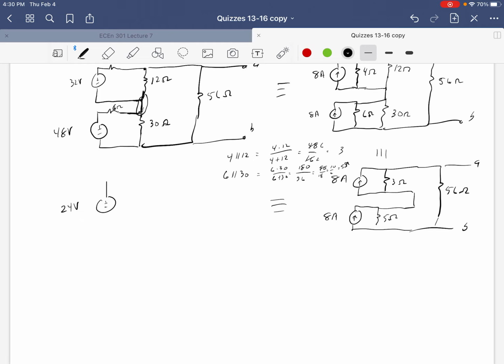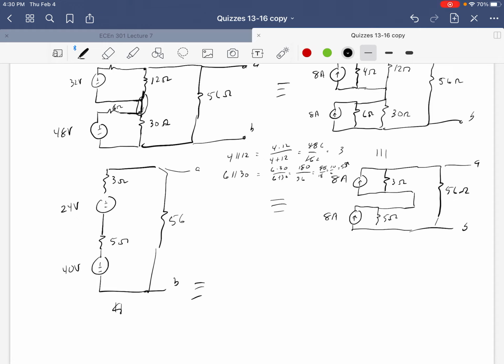And then we'll have a 3 ohm resistor there. And then down here we're going to have a 5 ohm resistor. And 5 times 8 is a 40 volt source. And then all of that is in parallel with 56, A and B.